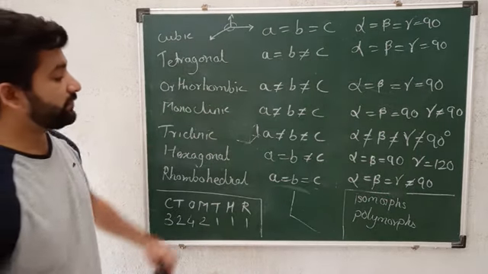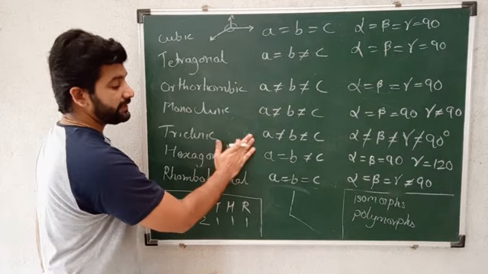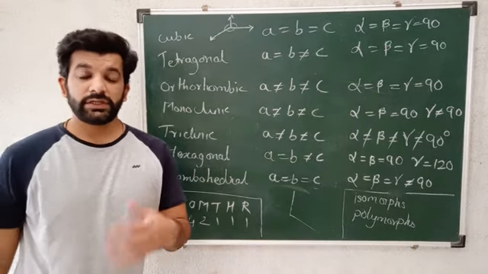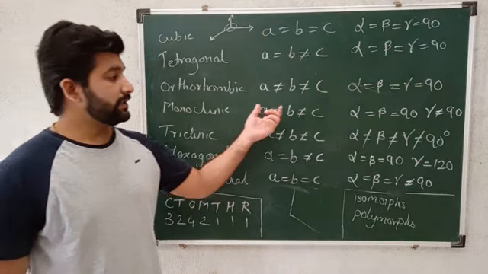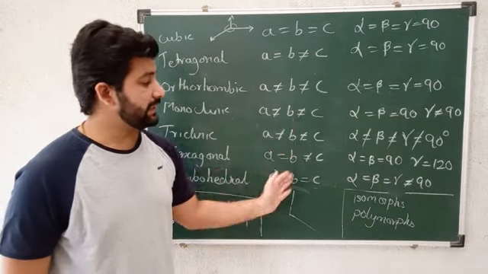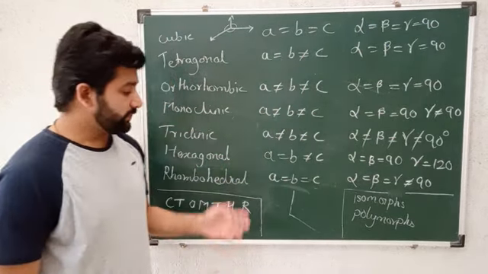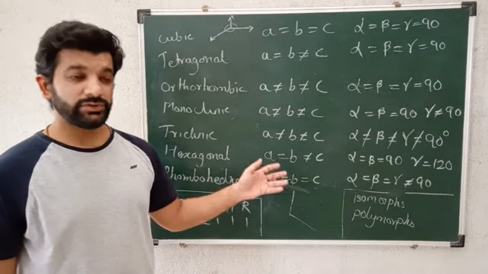So in this way, if you look into the textbook, you will find the structures, but in the new syllabus these angles and edge lengths are not given. So if you want to note down, you can write down in your textbook also.